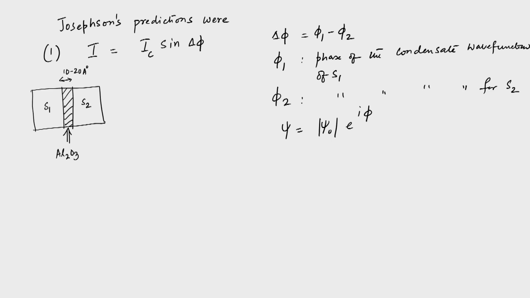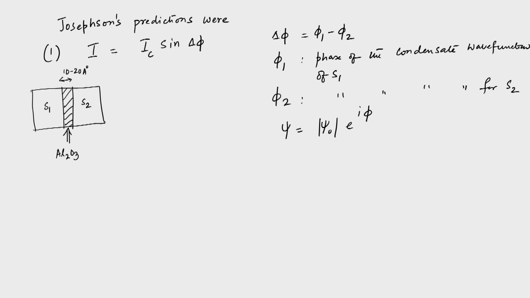So, at two places in a superconductor, the phase of the wave function is constant, and when you put them in close proximity, separated by 10 to 20 angstrom of an insulating barrier, known as a tunnel junction, then the current that flows through this junction is actually a function of the change in the phases of these two condensate wave functions.